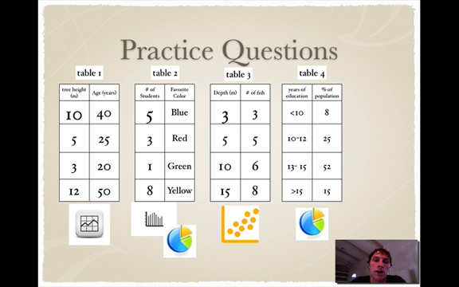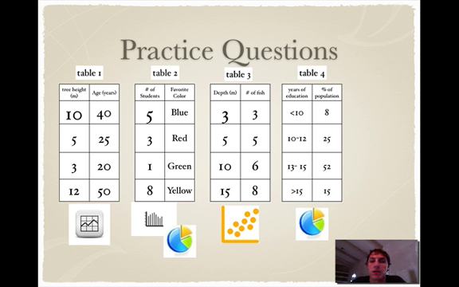Okay, so we have different categories, red, blue, green, and yellow, which you could set up as a bar chart. And then the number of students who would be on the y-axis. Or you could do this as part of a whole. Okay, so if you wanted to show the whole group and how they scored.